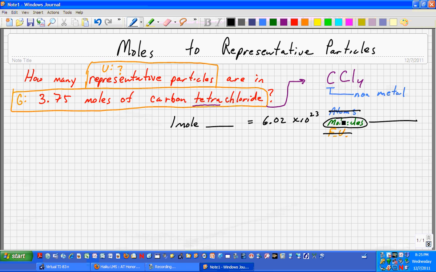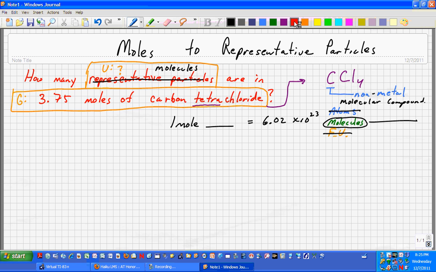I'm looking at molecules, so I'm going to cross that out and write in molecules. That's what I'm looking for. Again, the non-metal tells me that this is molecular, and that prefix told me that too.